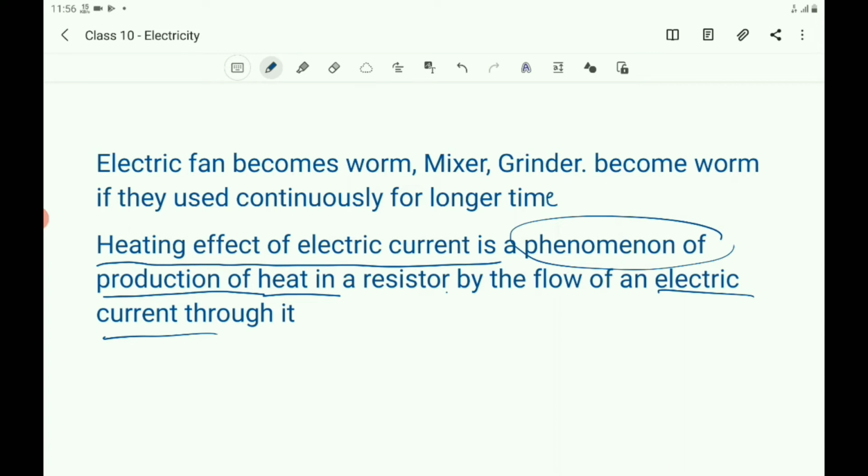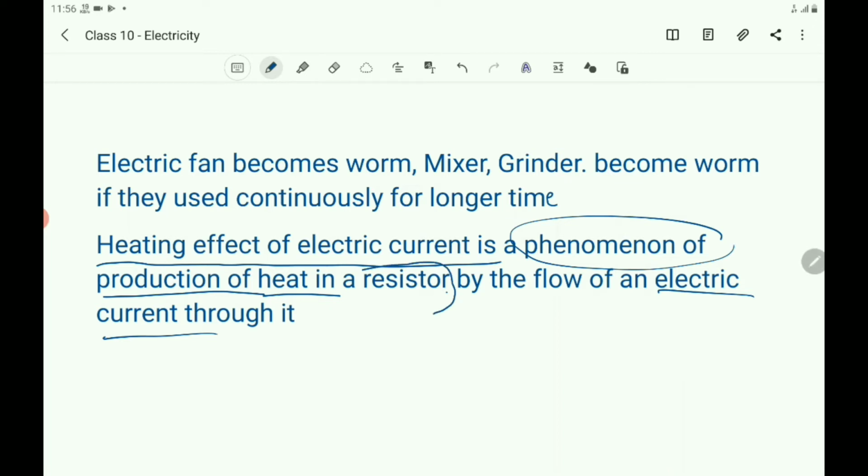When an electric current is passed through a conductor, you know that electric current will always flow through the conductor. If the conductivity is more, more amount of electric current will pass through it and less amount of heat will be produced in it.